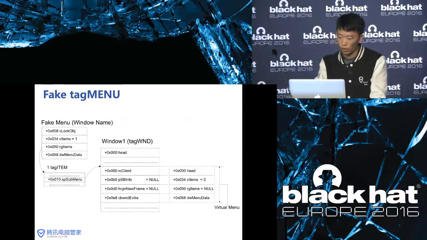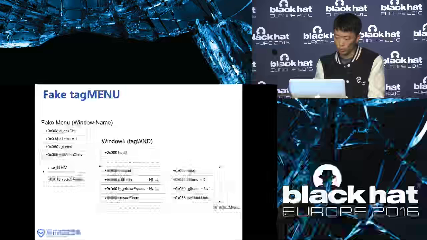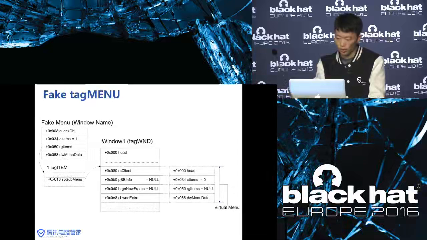What we do now is to make a simple fake menu. We set the cItems to 1 and let rgItems point to a memory we control. In that memory, we fake a tagITEM structure and set the spSubMenu member to a tagWND with offset hex 80.